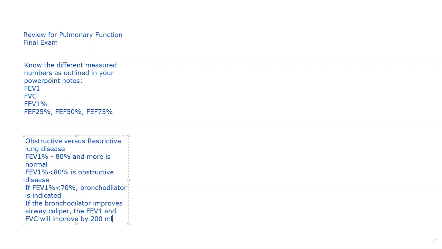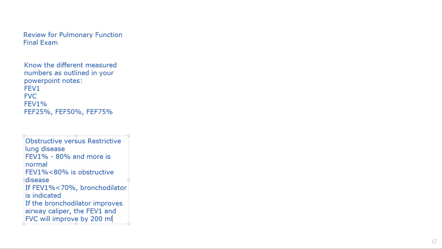So if the FEV1 was 3.2 liters before the bronchodilator is given, and then it's 3.4 liters, that's 200 ml improvement.